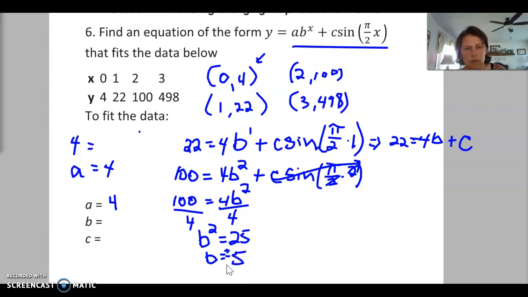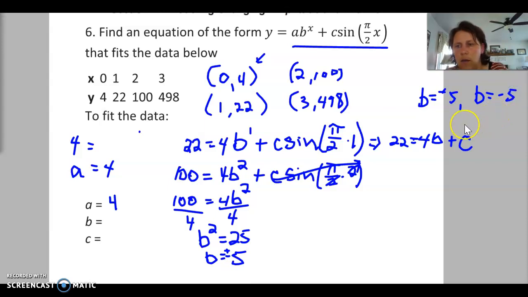Okay, so then we will want to use our last point to make sure that we use the right value. Well, we don't know what c is yet, do we? So we know that b equals either positive 5 or negative 5.